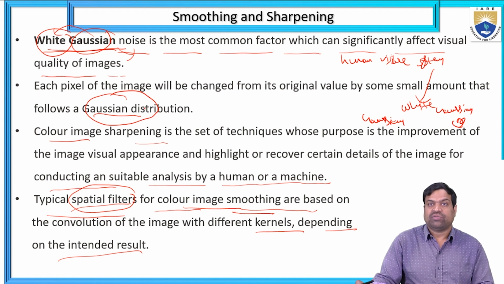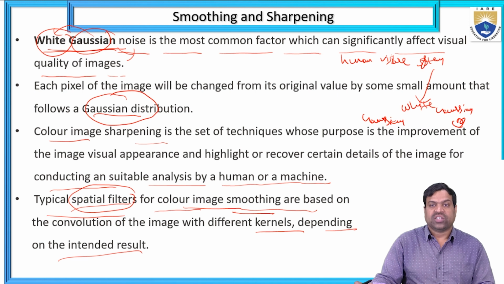Each pixel of the image is changed from its original value by some small amount that follows a Gaussian distribution. Color image sharpening is a set of techniques whose purpose is the improvement of the image's visual appearance and highlighting or recovering certain details of the image.